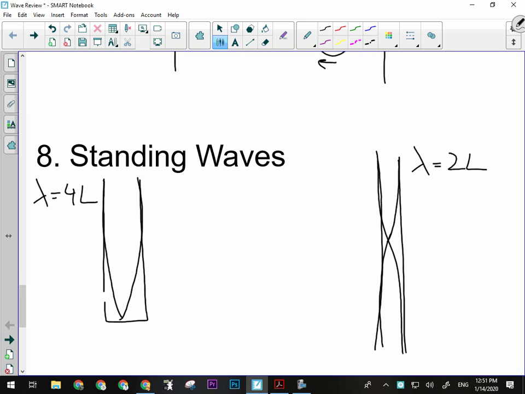Are there any other things we need to remember about air columns? In particular, closed ones. Right, it only resonates at odd numbered frequencies. This is F1. That F2, I have this waveform in the tube. What's at the top?